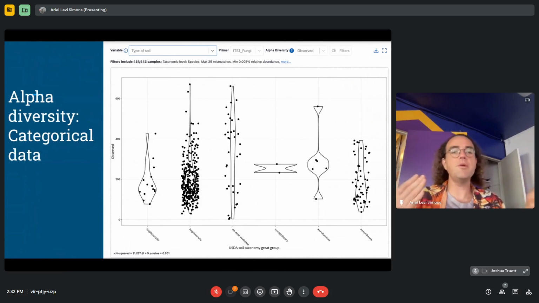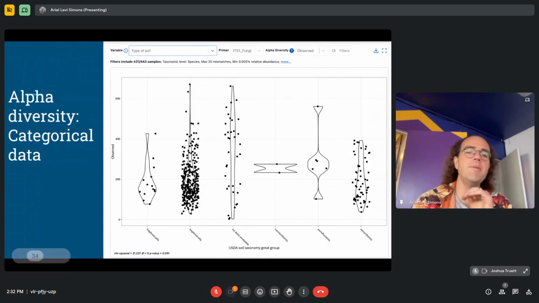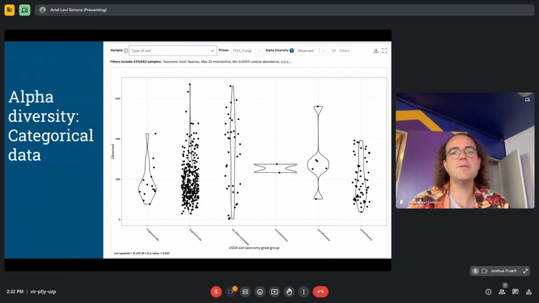This is an example with what's called categorical data. Soil type is not a continuous variable. You just have these X number of categories that we've made, and we see what we get in terms of diversity. At the very bottom, I know the font is really tiny, but we also do statistical tests to tell you whether biodiversity for fungal communities varies significantly between soil categories.